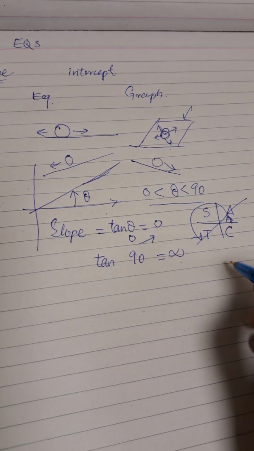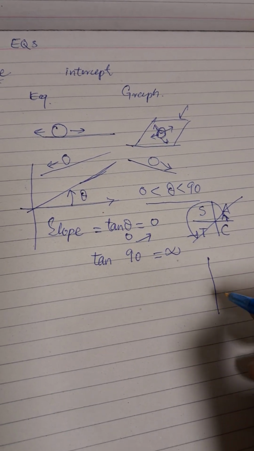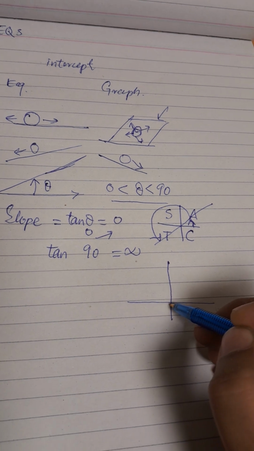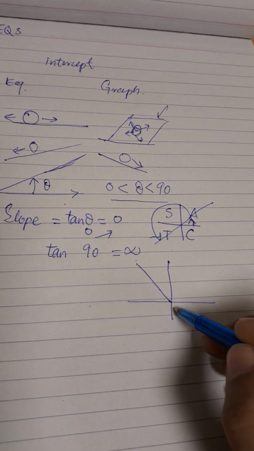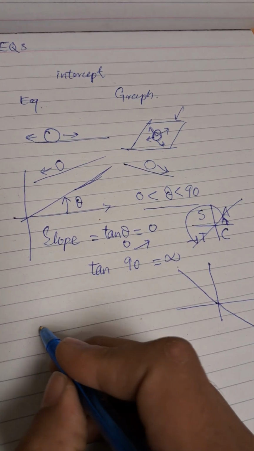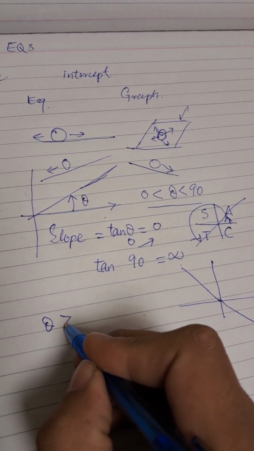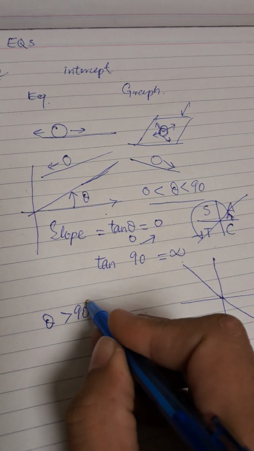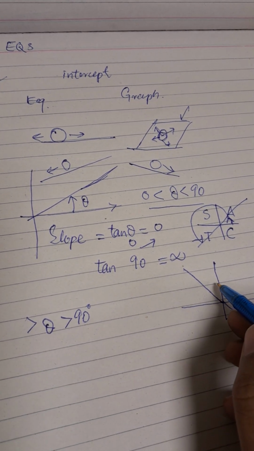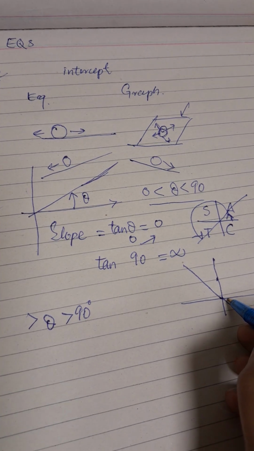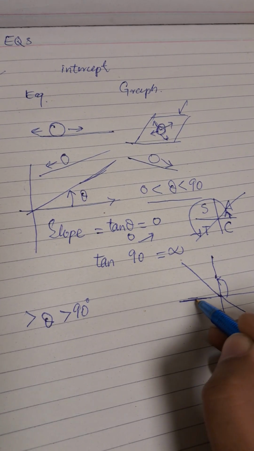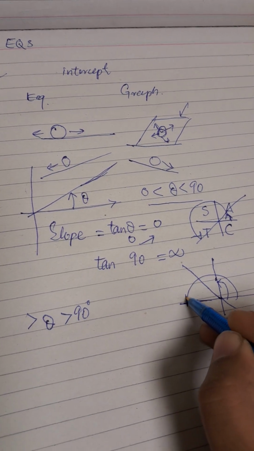But the case when the slope is inclined as if it is in the second quadrant or the fourth quadrant, theta in that case is greater than 90 degrees and less than 180 degrees.